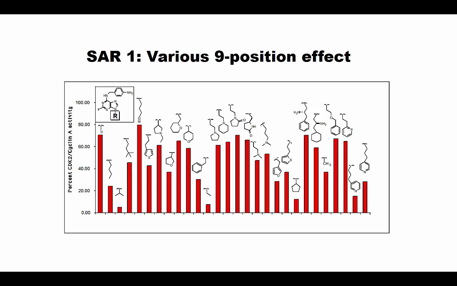Then which compound is the stronger inhibitor? Yes, that should be this compound here, because if you add this compound, kinase activity becomes less than 10%. So this is how you can quickly screen out which motif is important for this position.